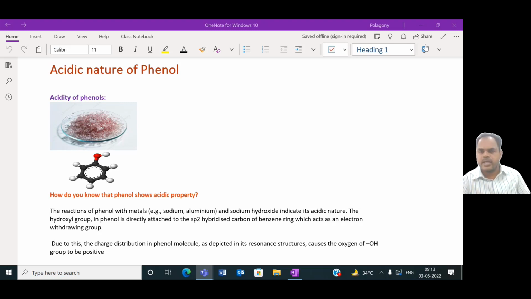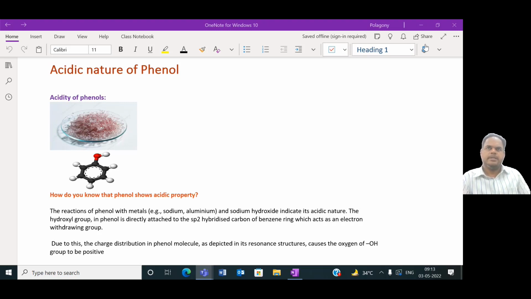So it can result in polarity between the oxygen and hydrogen bond in the hydroxyl group, due to the electron withdrawing nature of the sp2 carbon of the benzene ring. So it decreases the electron density of the oxygen.